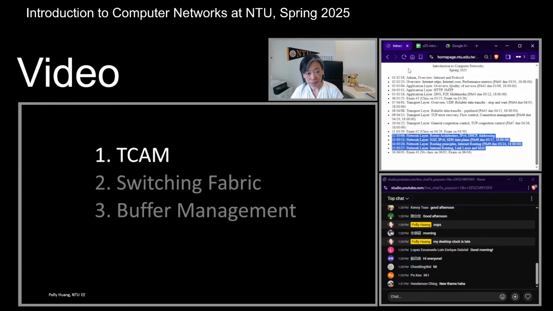And today, the first part of today, the topics will still be related to the router. We'll talk a little bit more about each of the components. The first topic is called TCAM. This is related to how we do fast lookup. So TCAM is a special hardware. It's a kind of memory.